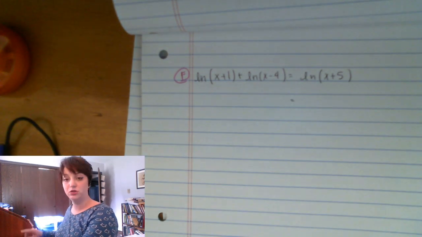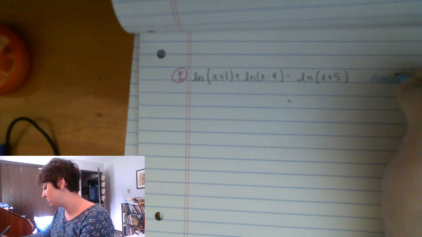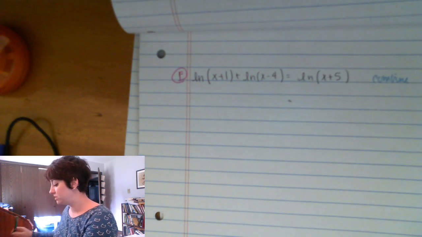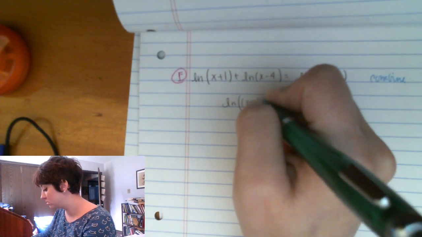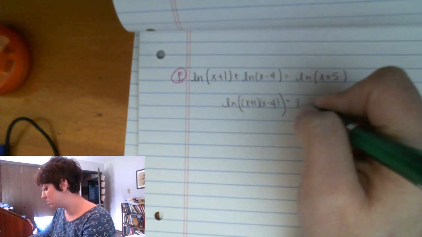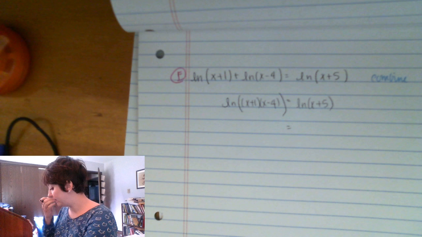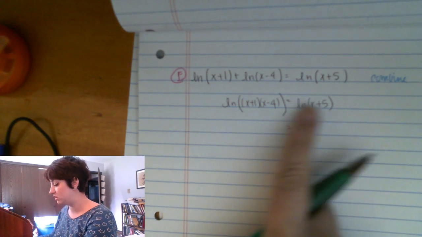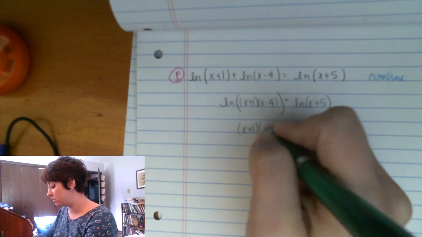So first combine these. Sum of logs is log of product. And I know that I can equate the arguments here, so I don't need the logarithms anymore.